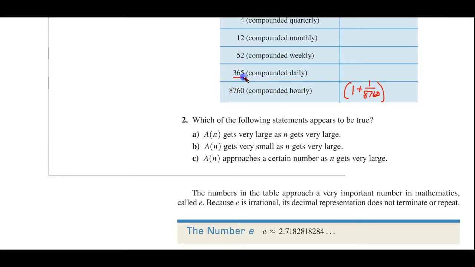Remember, there's 24 hours in a day, and if you multiply this by 365, you get the number of hours in a year. And then you have to raise it to this power.